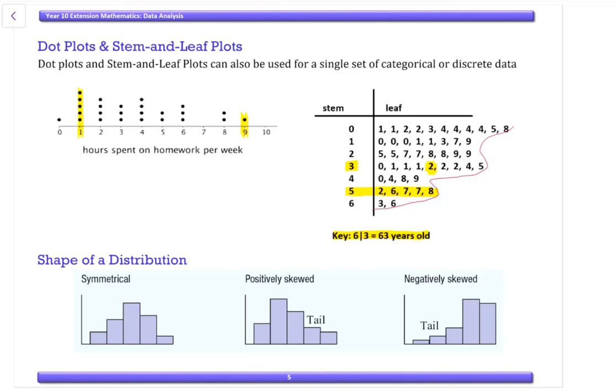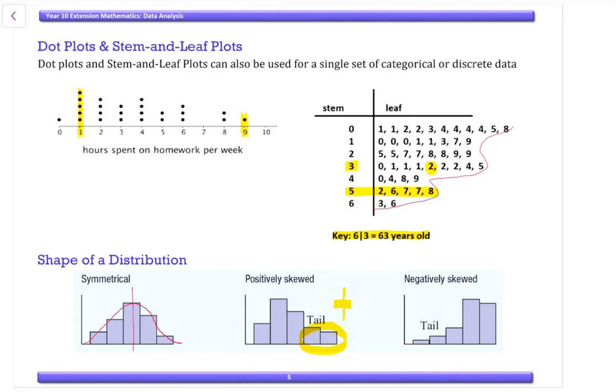Now the shape of the distribution, moving on from that, we can look at symmetrical, where if you were to draw a line graph, it's approximately symmetrical here. It's not exactly, but we have equal amounts on either side of that middle. Positively skewed, we have a tail happening on the positive end. So we don't have much data or much high data. Most of our data is low.